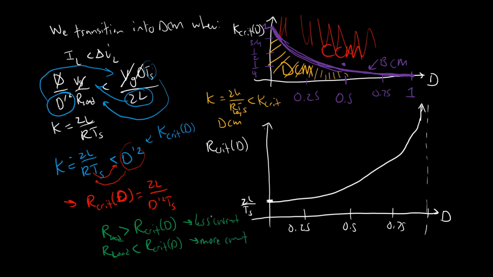So less current is basically more likely to be in DCM. More current is more likely to be in CCM. Sorry, less current, more likely to be in DCM. More current, CCM. If the load current is higher, then the average inductor current will tend to be further away from the zero axis, right?